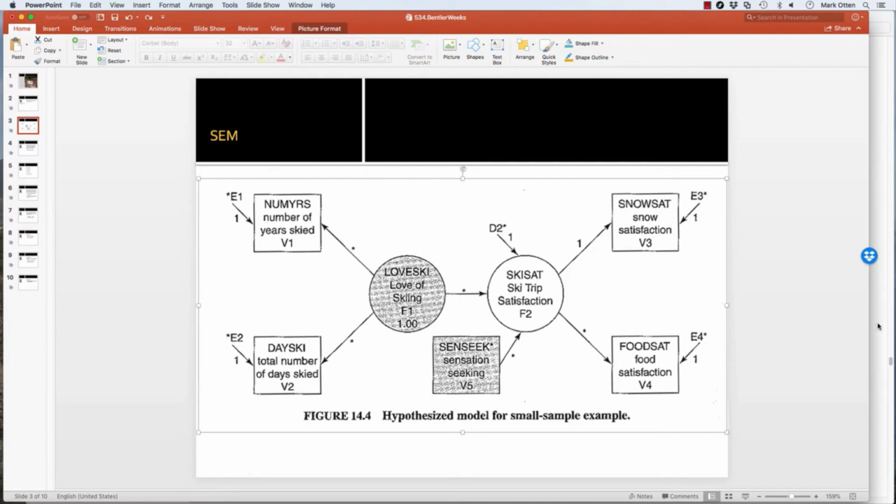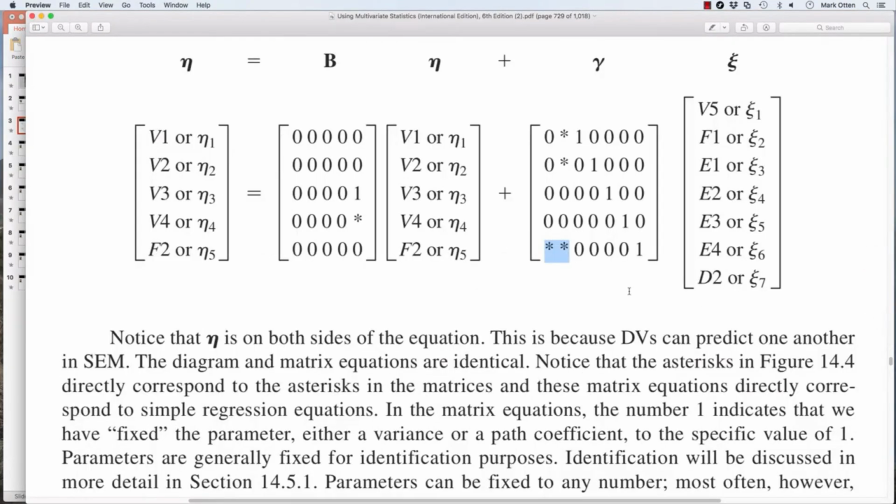In this case, it's a beta. For each of your IVs, love of skiing and sensation seeking, F1 and V5, predicting F2 ski trip satisfaction. So those are your IV-DV relationships there. Then we have some zeros, and then finally at the end we have the last 1, and that 1 is F2 with D2.